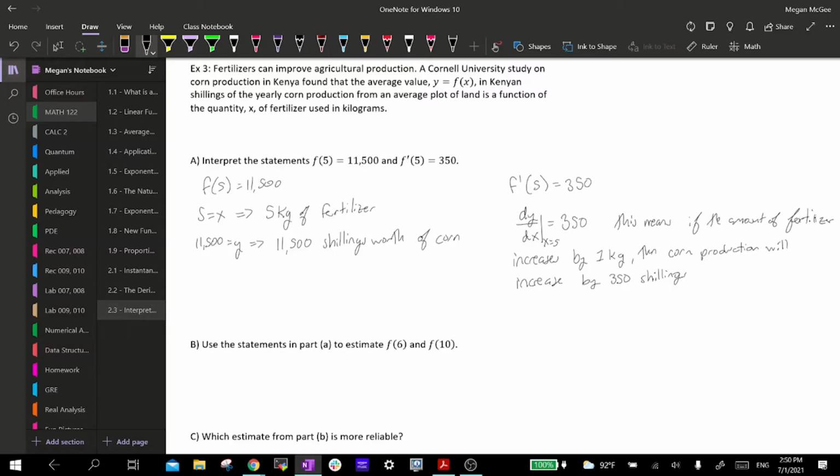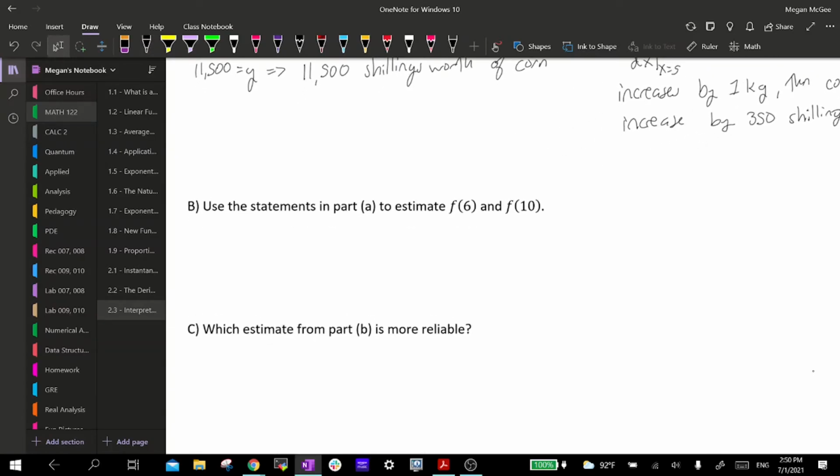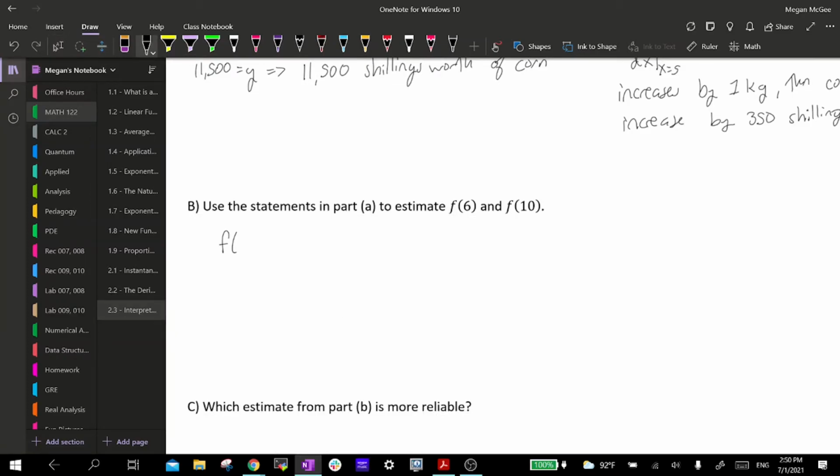Alright, so now we need to use this information to fill out part B. We need to use the statements in part A to estimate f of 6 and f of 10. We know f of 5 is 11,500, and that if we increase fertilizer by 1 kilogram, we increase the shillings worth of production by 350.